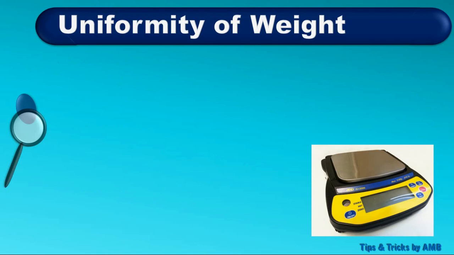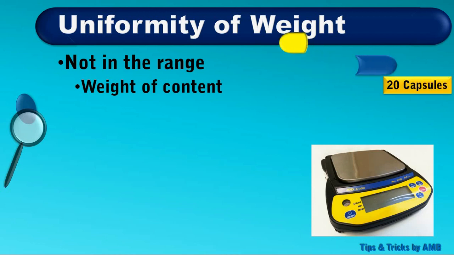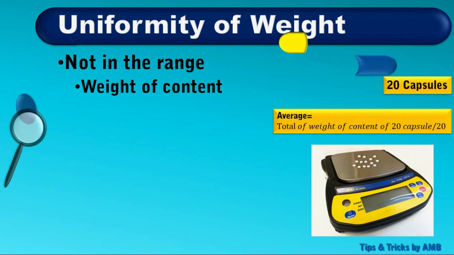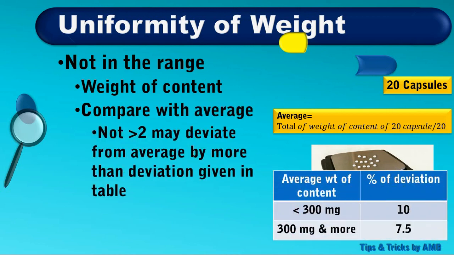If a capsule does not come in this range, then weigh individually the content of each capsule and compare with the average weight of the contents. Not more than 2 of the individual content weights may deviate from the average by more than the deviation given in the table.